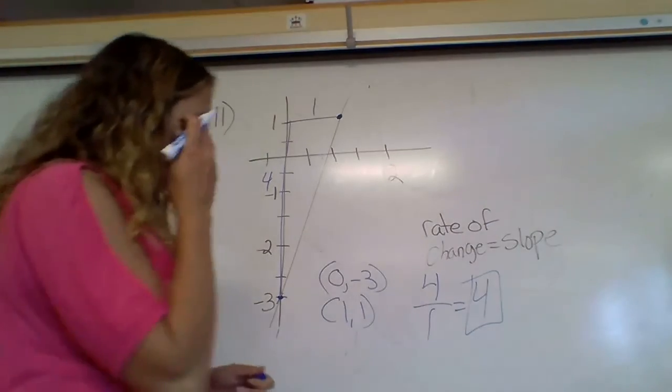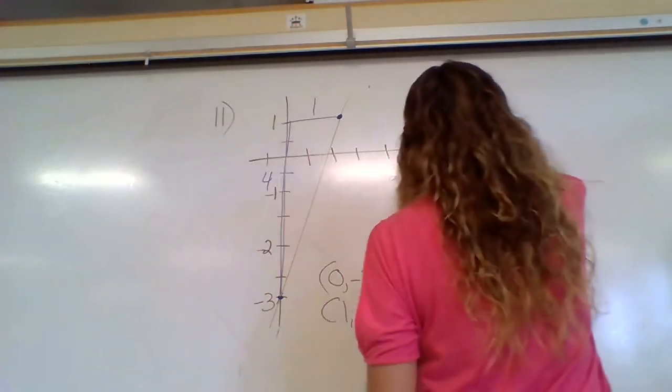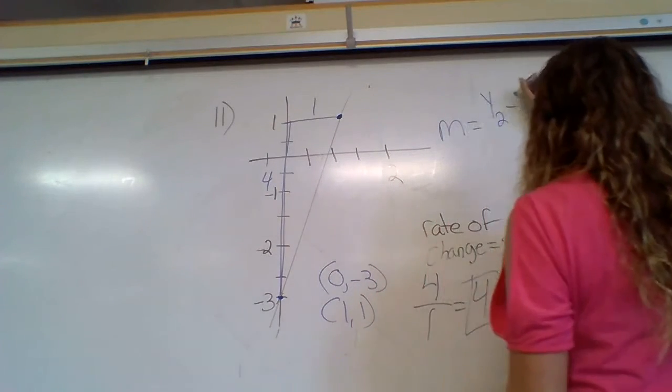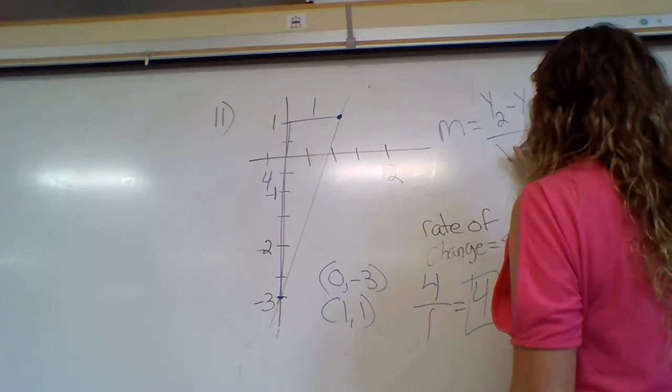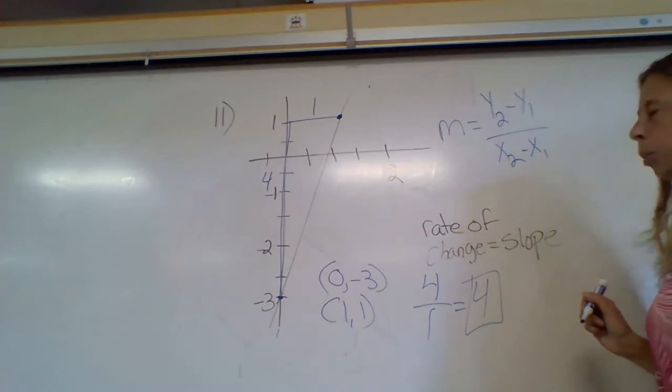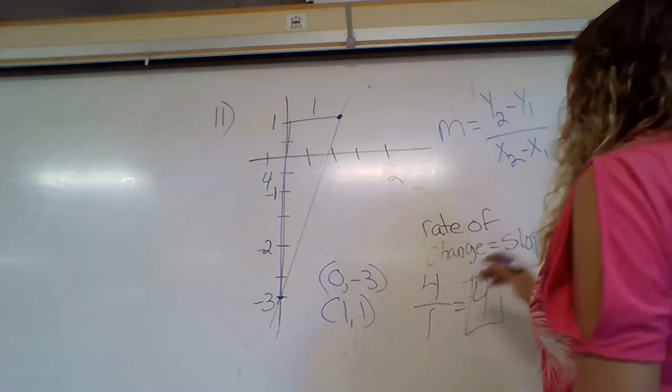Remember, you can also represent slope. So slope m equals y2 minus y1 over x2 minus x1. That's another way you can write out the slope.